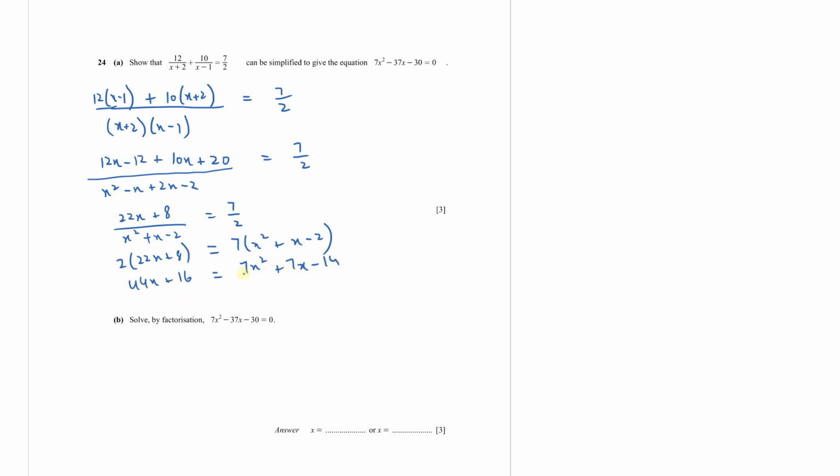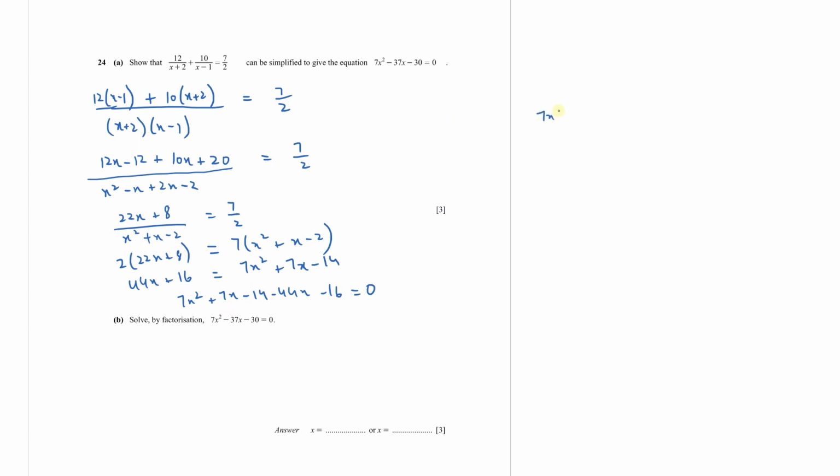Because I want positive 7x squared, and I can see that the given equation has a positive 7x squared as well. So I'll take everything towards the right. So I will get 7x squared plus 7x minus 14 minus 44x and then minus 16 equals 0. And then I can simplify this.